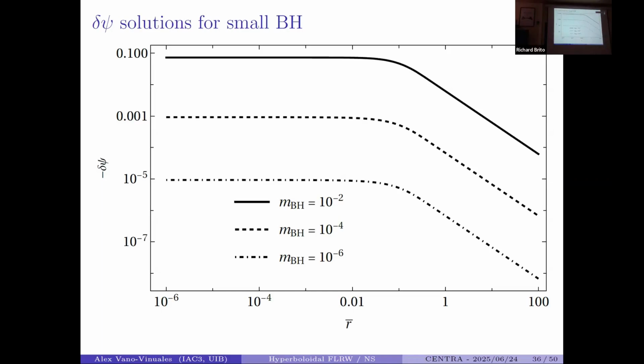If you actually look at the solution, it looks something like this. This looks a bit strange because I'm using a logarithmic plot on both sides and I'm putting the minus, so it looks nice. But indeed, what you see is that the smaller the black hole, of course, the smaller the value of the correction.